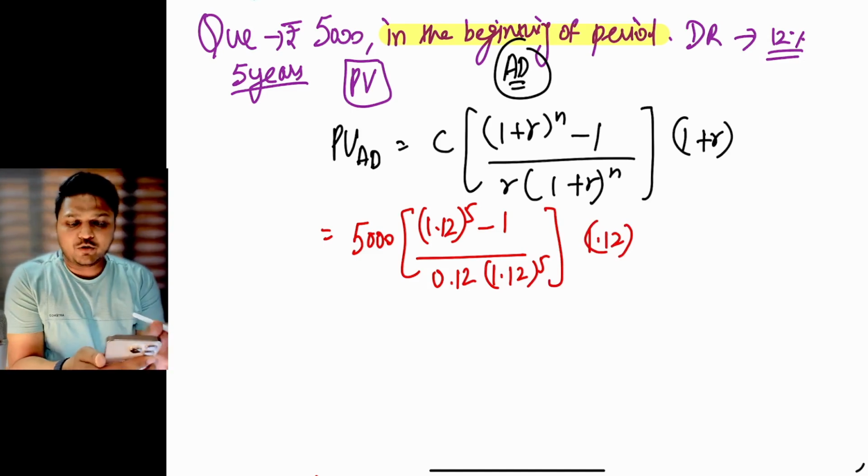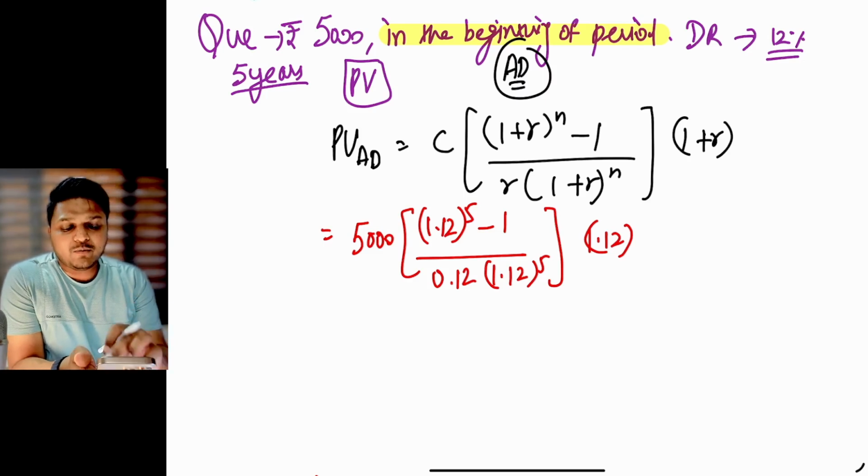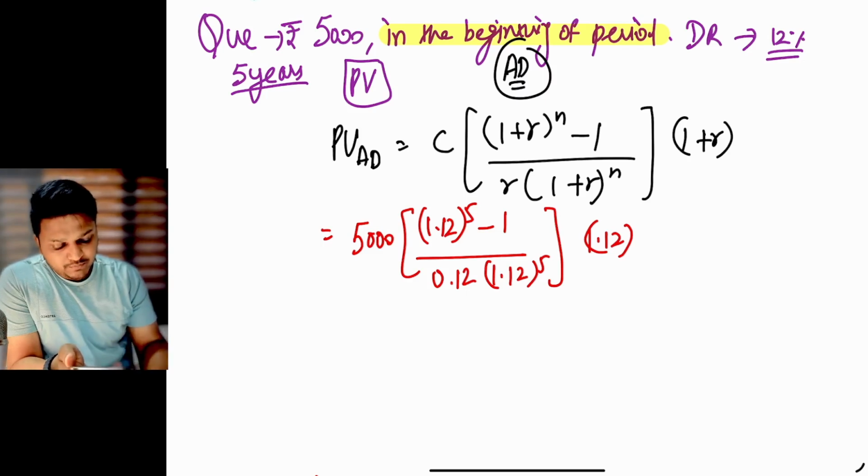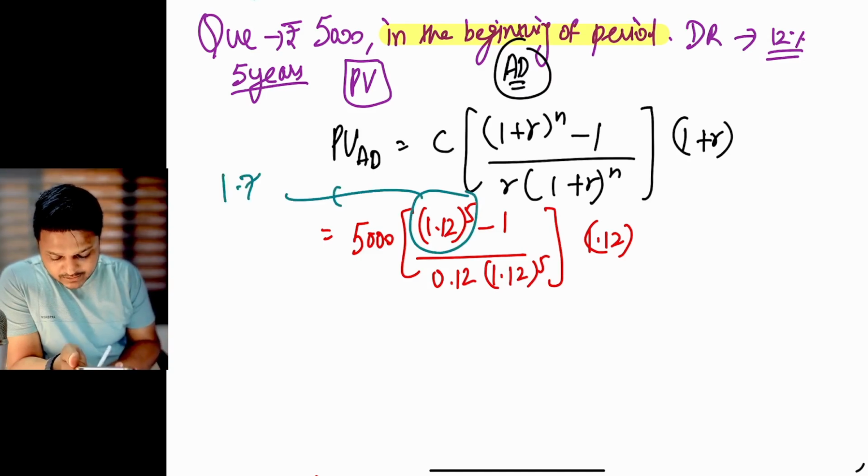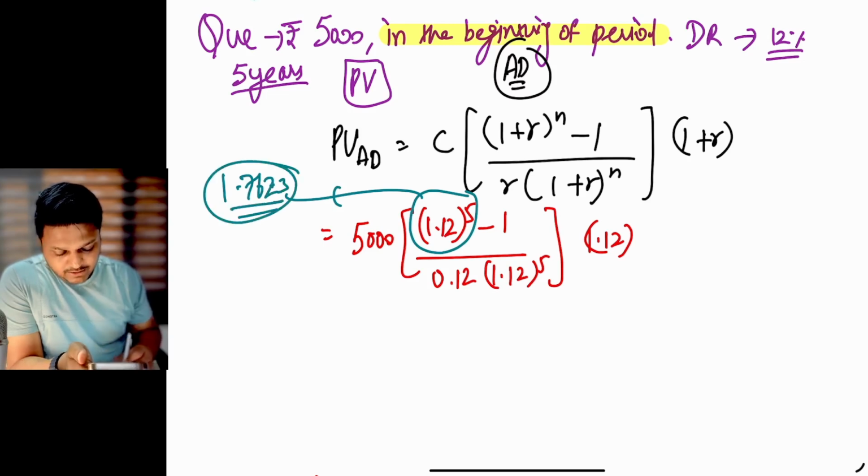So first of all, we are going to calculate the value of 1.12 raised to power 5. So it is 1.12 multiplied by 1.12 and equal to sign for 4 times. So 1, 2, 3, 4. It came out to be 1.7623. This is the value, right?